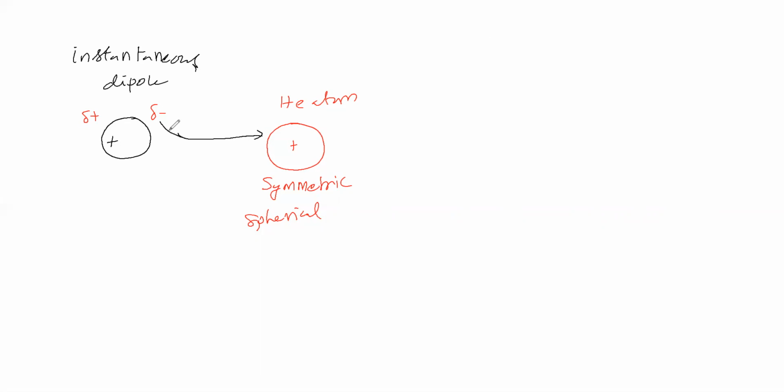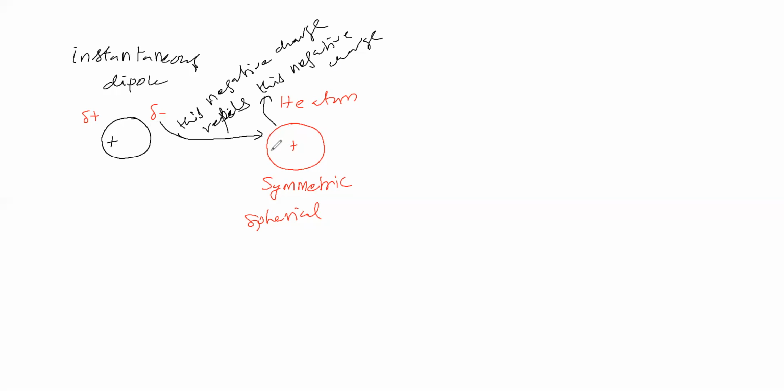This negative charge repels this negative charge. Due to that, this partial negative charge is repelling this negative charge because of the electron cloud.